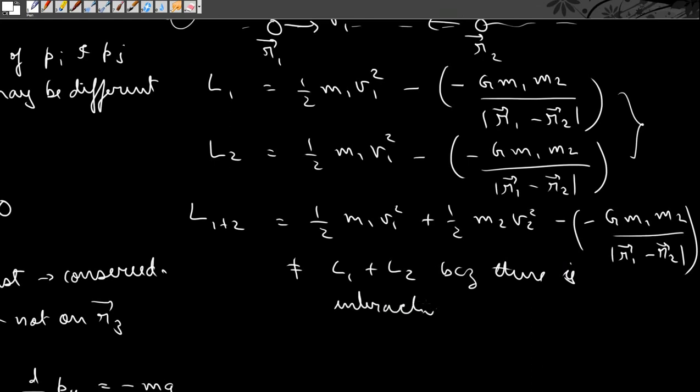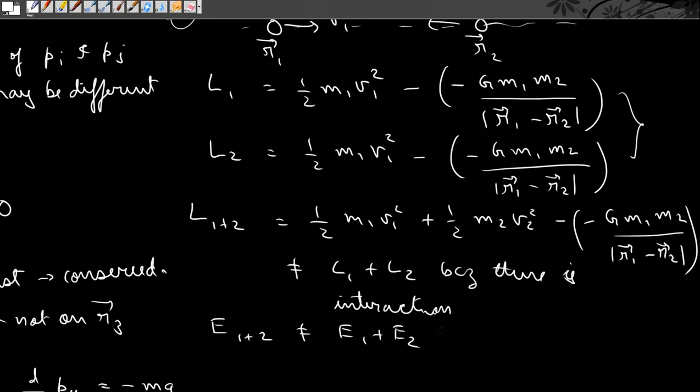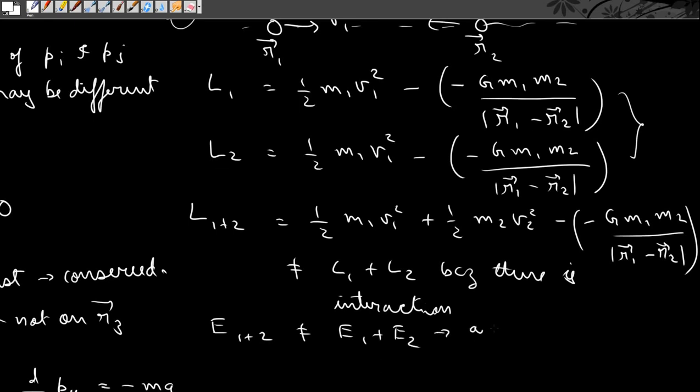L equal to L1 plus L2 holds only when the interaction is negligible, but here there is gravitational interaction, and therefore the total energy E1 plus 2 is not equal to E1 plus E2. So additivity is not followed because there is interaction.